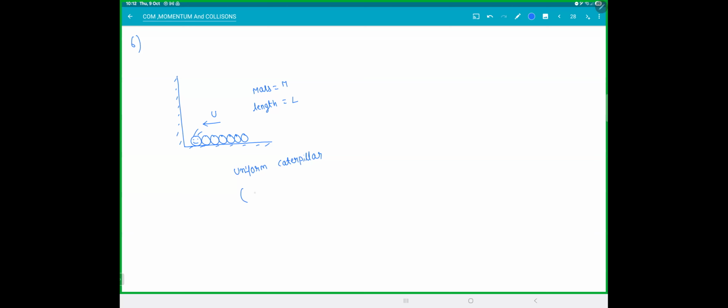Basically, assume it to be a uniform rod, but it is moving. But technically, whenever a caterpillar moves, what will happen? Some parts become fat and some parts become thin. So it's like a variable rod. Let's not get into that. Let's assume it is a uniform thing. Let's keep our life simple. Assume it is a uniform rod.